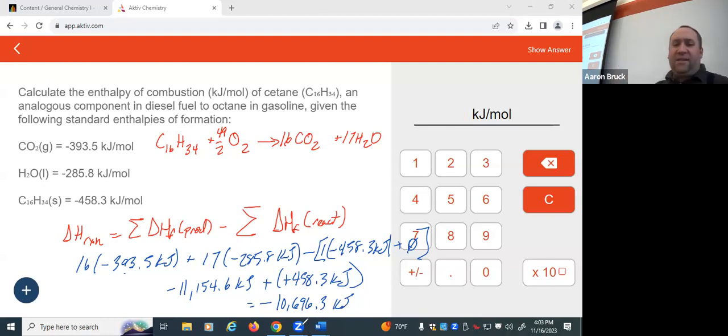So that is the enthalpy of combustion for 1 mole of cetane. And so that would be its delta H value.